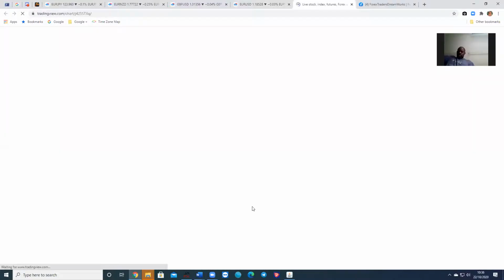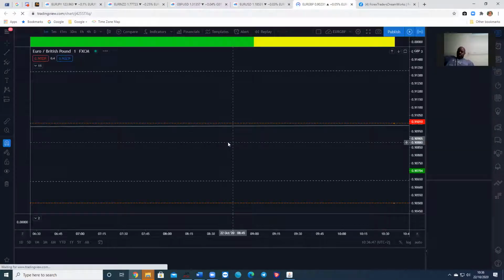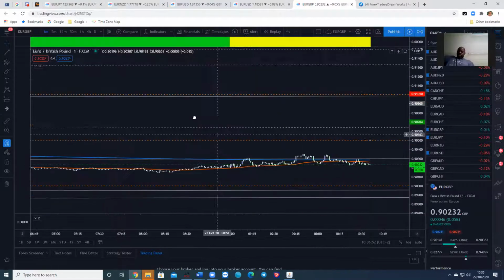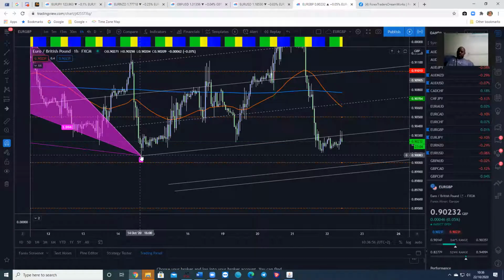Euro GBP. Let's have a look where our scan is. So we've got a buy scan on the euro. We've just looked at Euro USD for a sell. You're now looking at Euro GBP for a buy. That is confusing because you're diametrically opposing yourself.